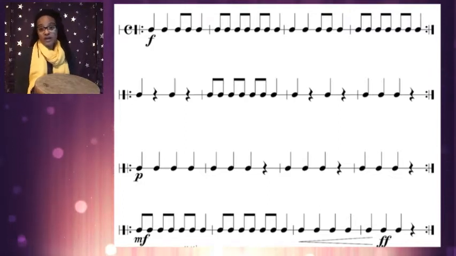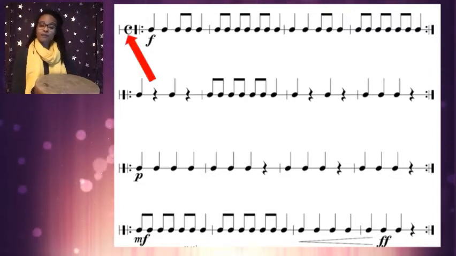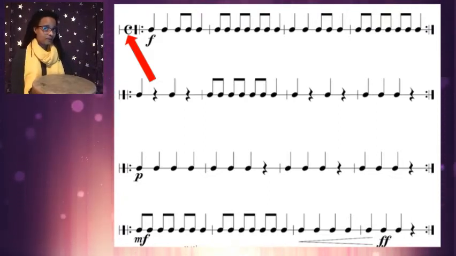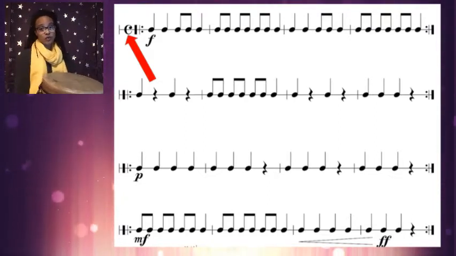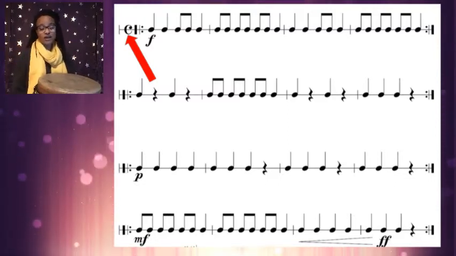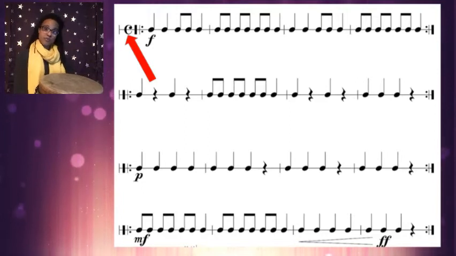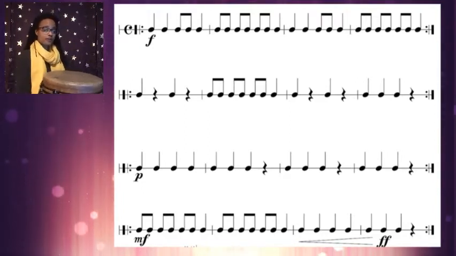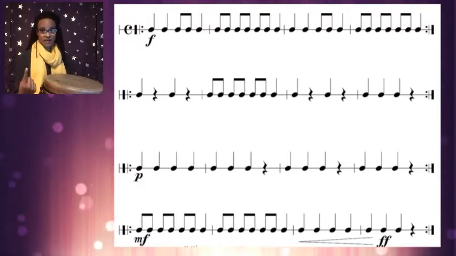Notice that we're in common time. You see the C at the very beginning of this example? That C just stands for 4/4 time signature, which I imagine you're feeling pretty comfortable with by this time. So 4 beats per measure, and the quarter note counts as 1 beat.